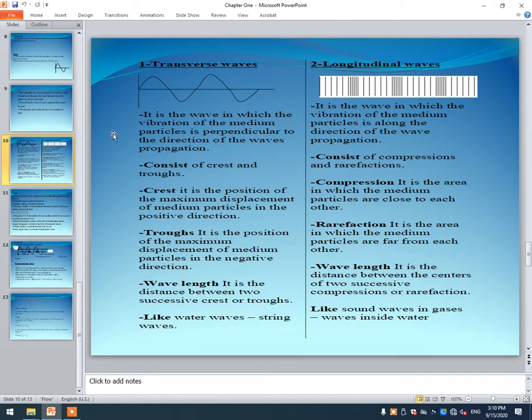Before starting to differentiate between them, I want you to know that the only factor which classifies the waves as transverse or longitudinal is the angle theta. The angle theta between two directions. These two directions are the direction of wave propagation and the direction of molecule motion.